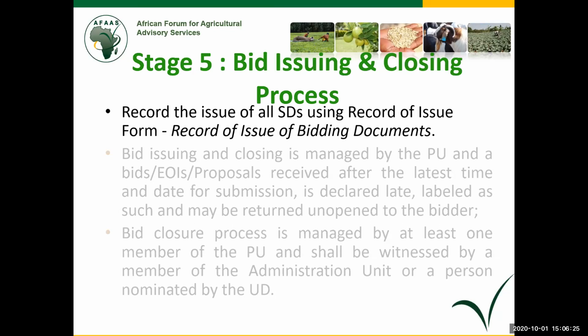You are just circulating it, and whoever gets it. So what we have done here is only to substitute with the record of receipt, such that a responsible person, for example, a country fora, or an administrator in AFAS, will get that form and record every expression of interest or request for quotation that is issued.